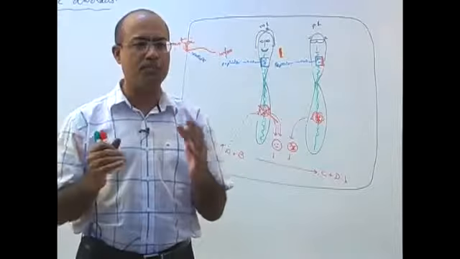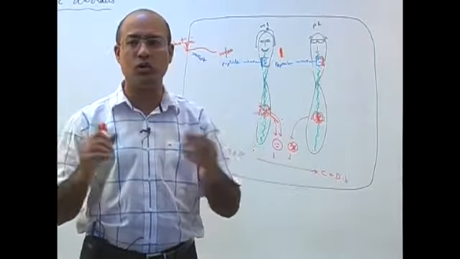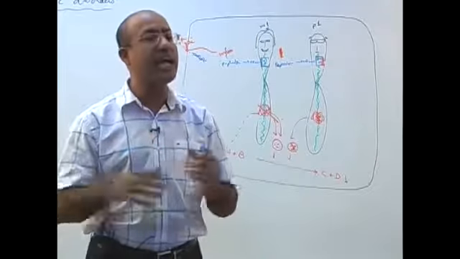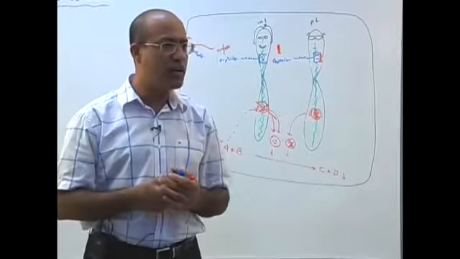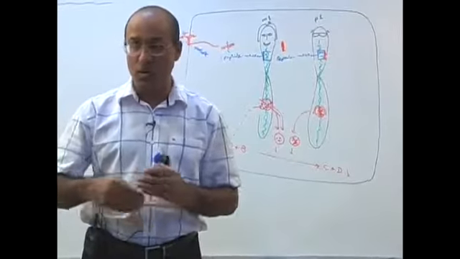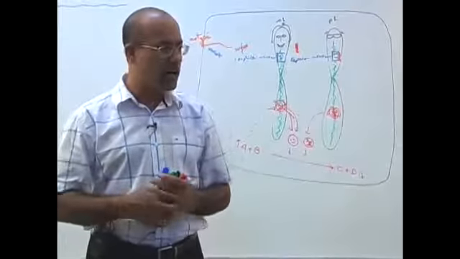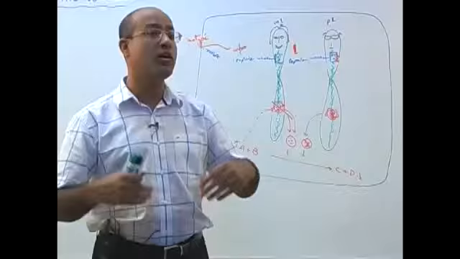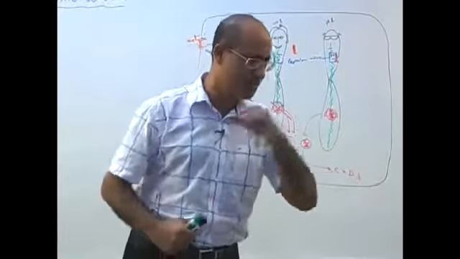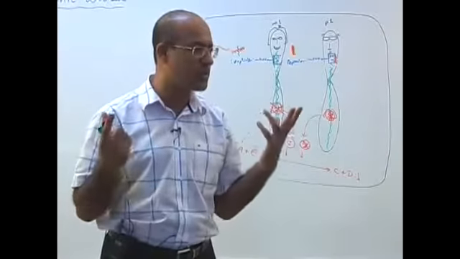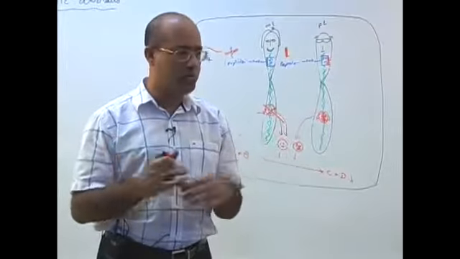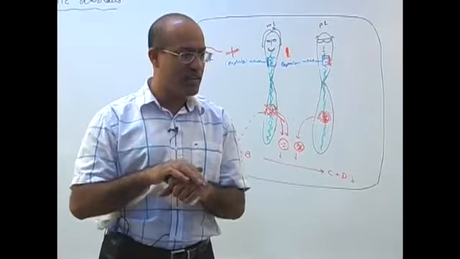Now, as a group, let's suppose we are talking about autosomal dominant diseases. Do you think, as a group, autosomal dominant diseases are more severe or autosomal recessive diseases are more severe? It's a very simple question. As a group, listen again, I'm putting my question.